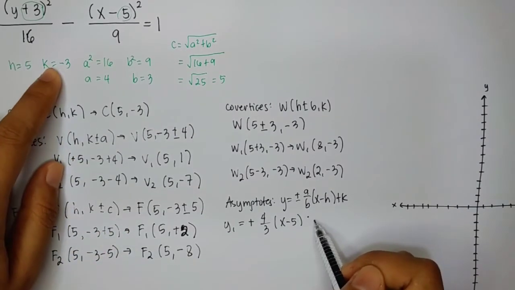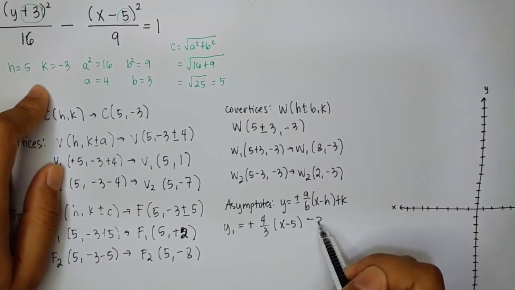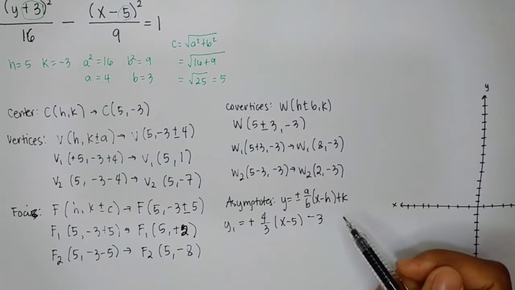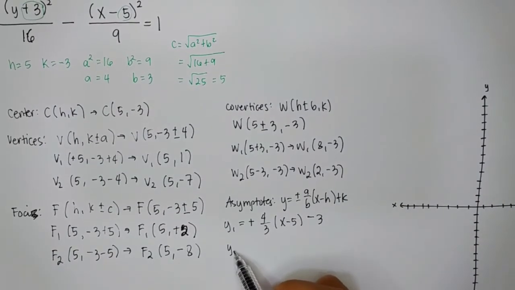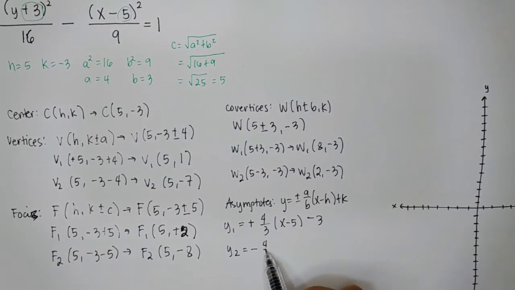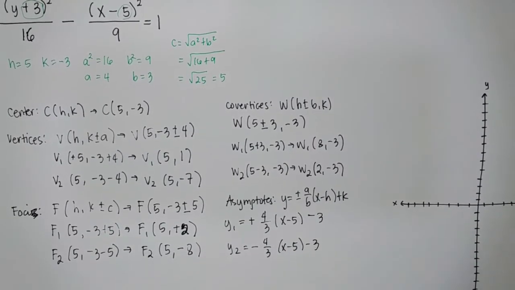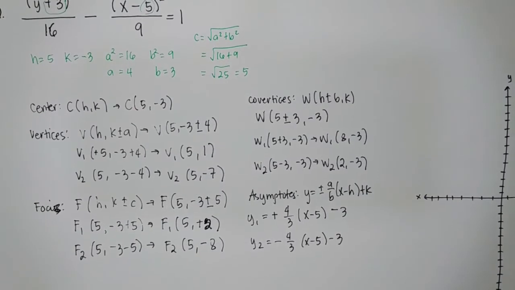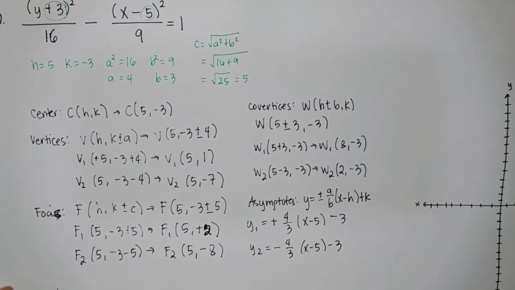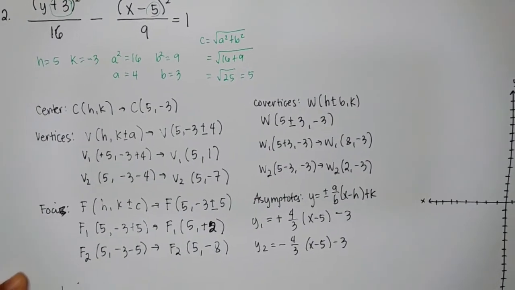Then, copy natin yung minus 3 since negative 3 man yung k natin. Then, yung y2 natin, we have negative 4 thirds x minus 5 minus 3. Okay?